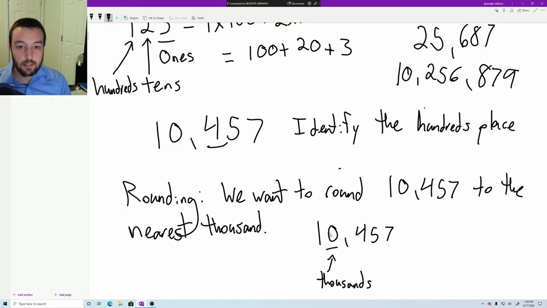If I want to round to the nearest 1,000, in order to know if I'm closer to the last 1,000 or to the next 1,000, so 10,000 or 11,000, I need to look at the next number after it, right? This 4 right here. If this number is between 0 and 4, that means I'm closer to the last 1,000, the 10,000. If the number is 5 through 9, it means I'm closer to the next 1,000, to 11,000, right?